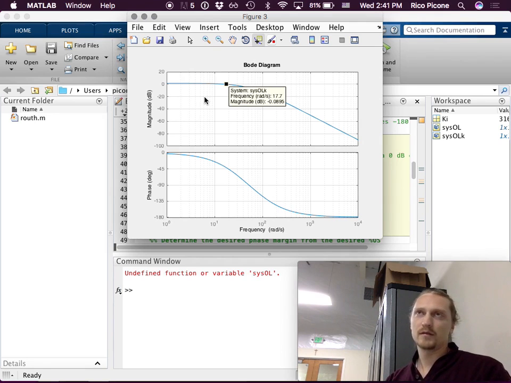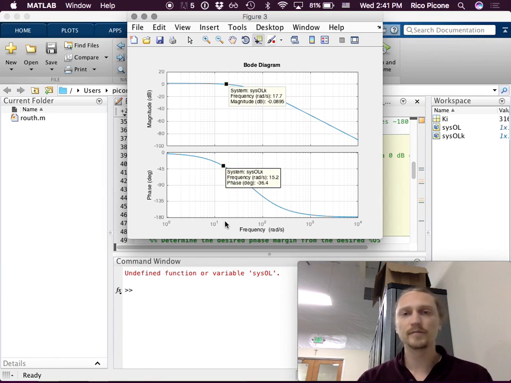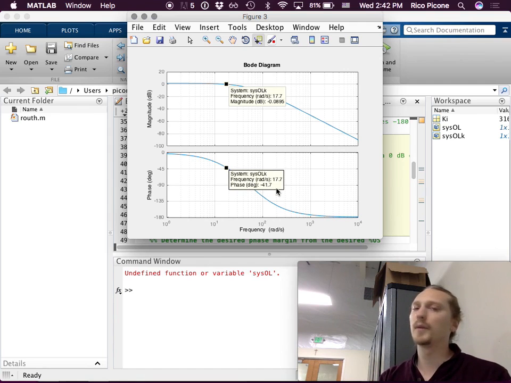It's the phase at which you cross that 0 dB, right? Well, it's the phase above negative 180 degrees. So if you take this, you go down to here, and I guess this is the same point. Then our phase is at negative 41.7.